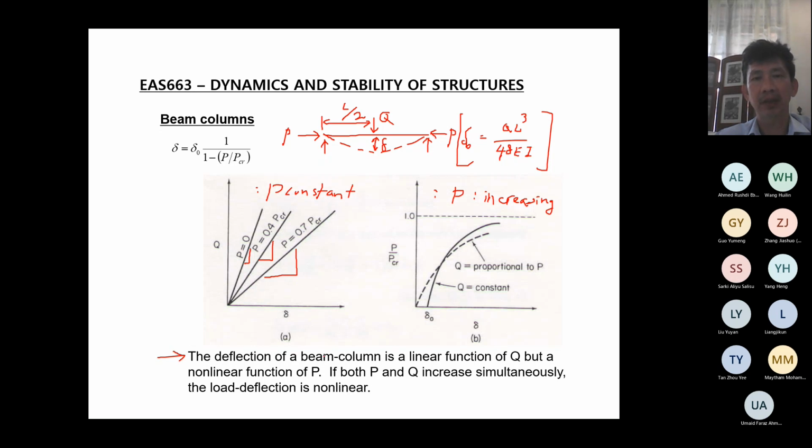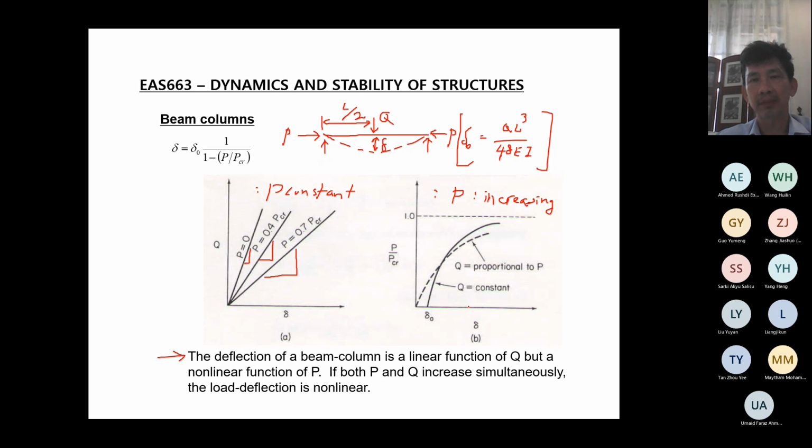The deflection of a beam column is a linear function of Q. Although you have a P here, if P is constant, then you still get a linear response. But if P is changing, then the response becomes non-linear.